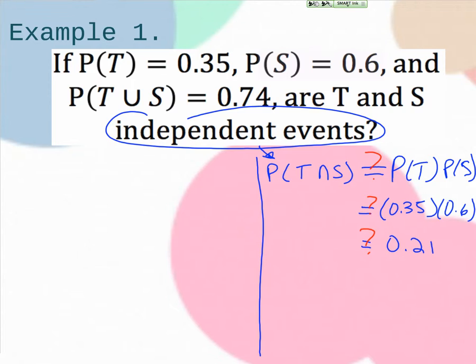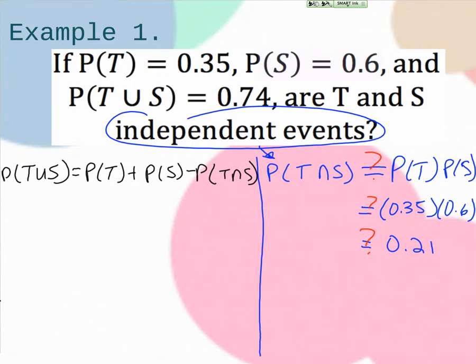So under combined events, we know the union of my two events, T and S, is equal to the probability of T plus the probability of S minus the probability of that intersection. So that was something we worked with yesterday, that we can find the probability of those combined events, so each event and that overlap. But to do that, we have to add the events separately, but we have to subtract that overlap piece.